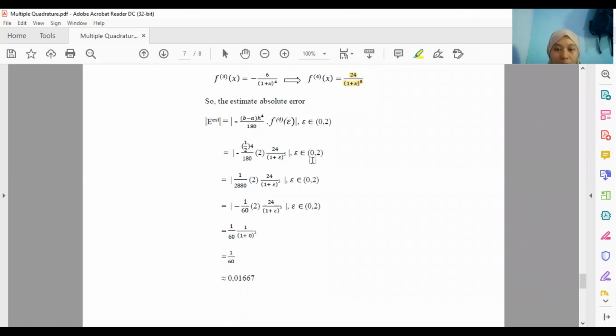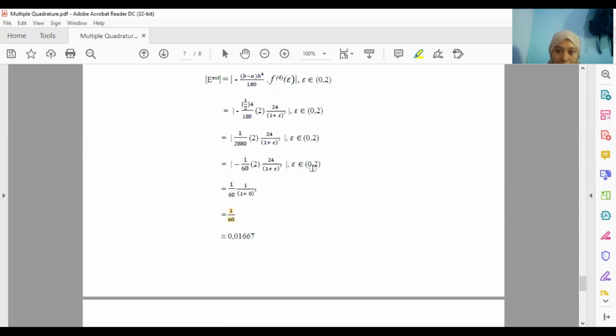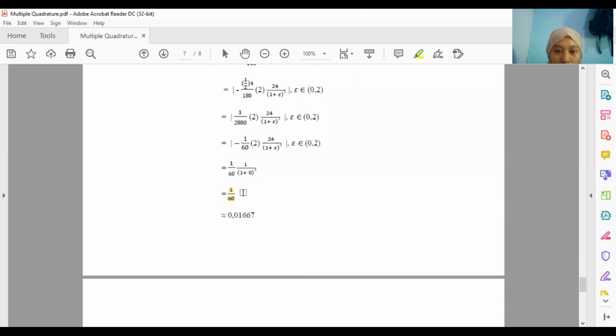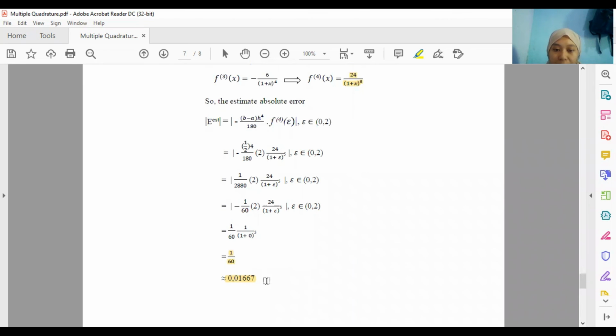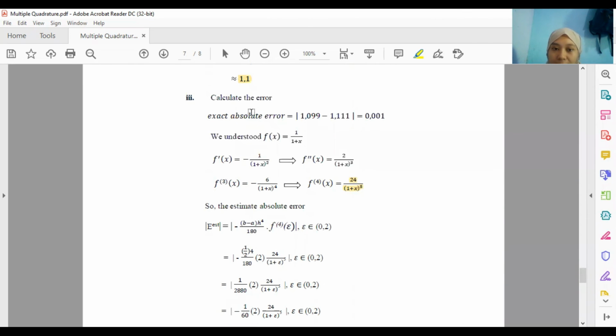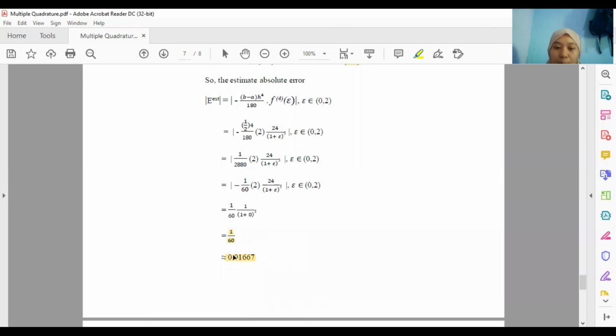We entered the value and then we got 1 over 60. 1 over 60 is equivalent with 0.01667. This is much bigger than exact absolute error, like this. This is much bigger.